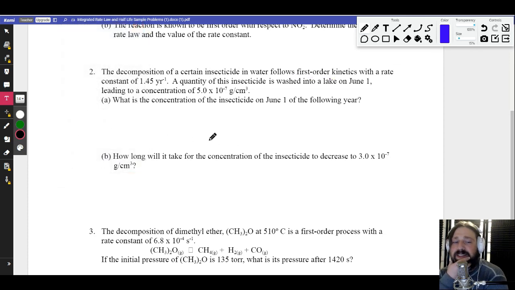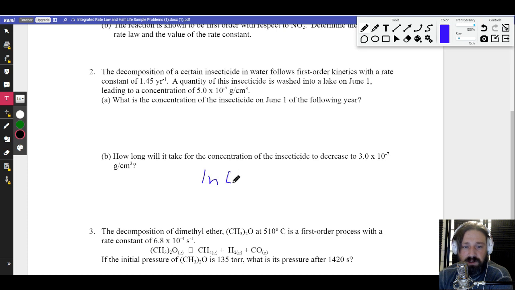How long will it take for the concentration of the insecticide to decrease to this? So it's the other way around. What we're going to need to do is take that same formula, insecticide at a given time equals the insecticide. It might just be easier to use the other form of this now.